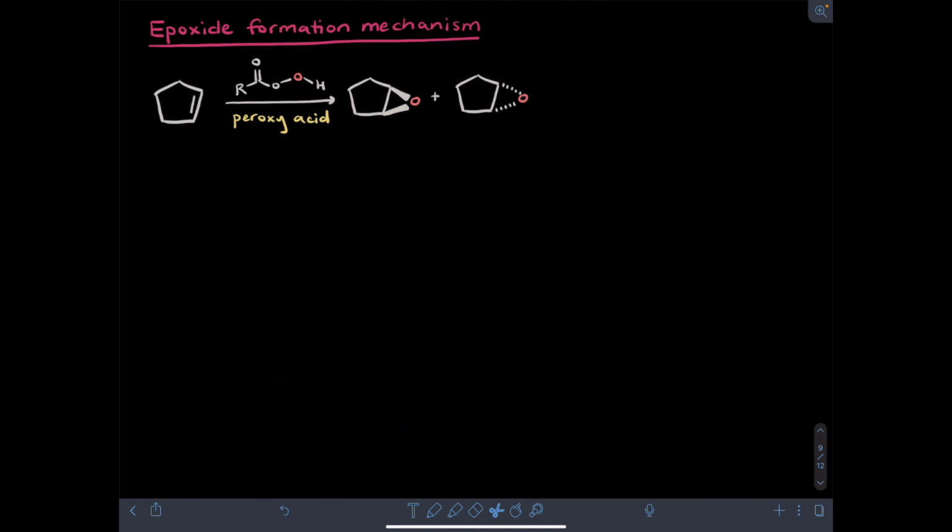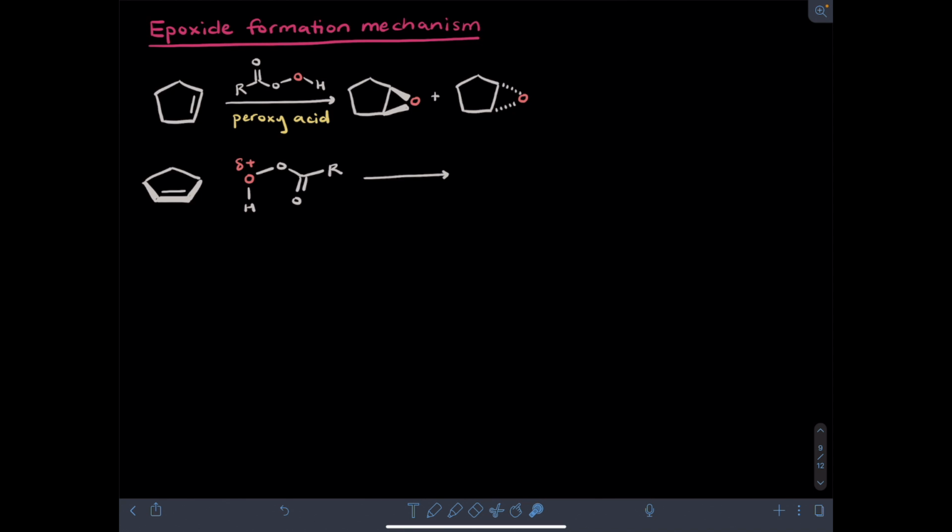I want to start by talking about the epoxide formation mechanism, this peroxy acid step to form the three-membered ring. I'm going to draw the alkene as viewed from the side, and due to induction, this oxygen of the OH group of the peroxy acid has a partial positive charge. This means that particular oxygen is electrophilic, and it can be attacked by the nucleophilic alkene.